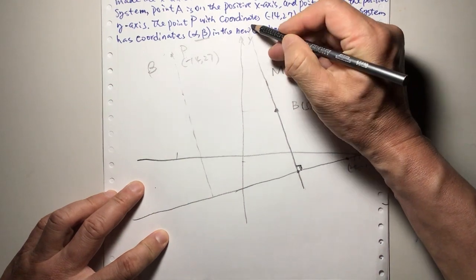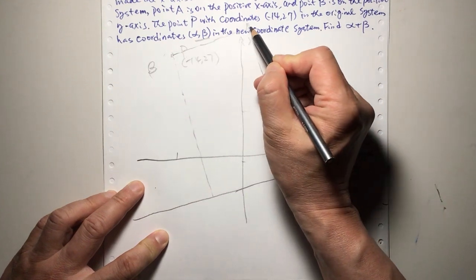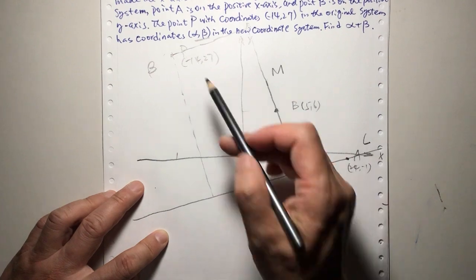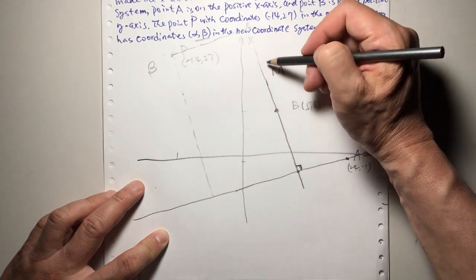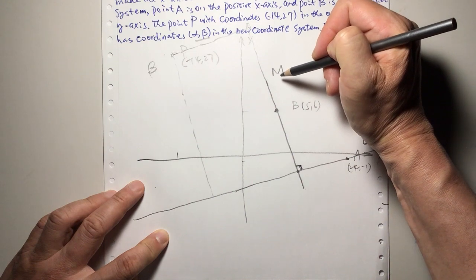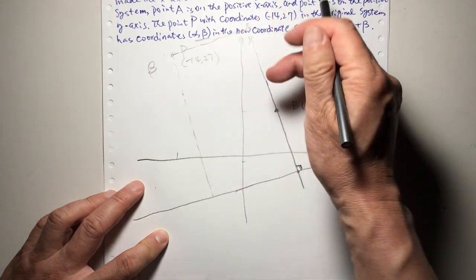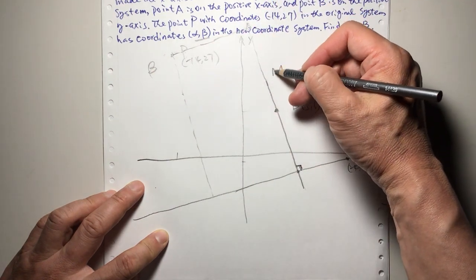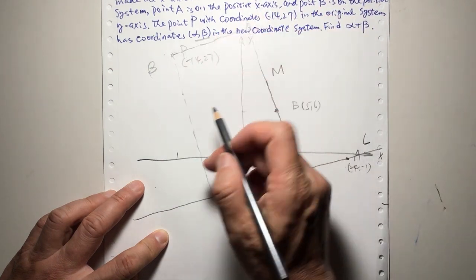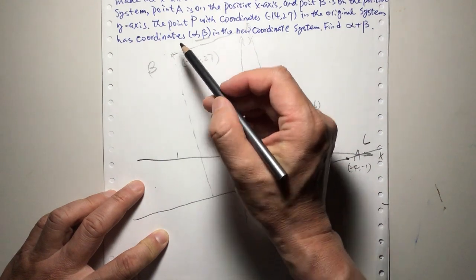We can extend the new y-axis, and the distance from point P to line M gives the x coordinate, but it will be the negative of this distance, right?